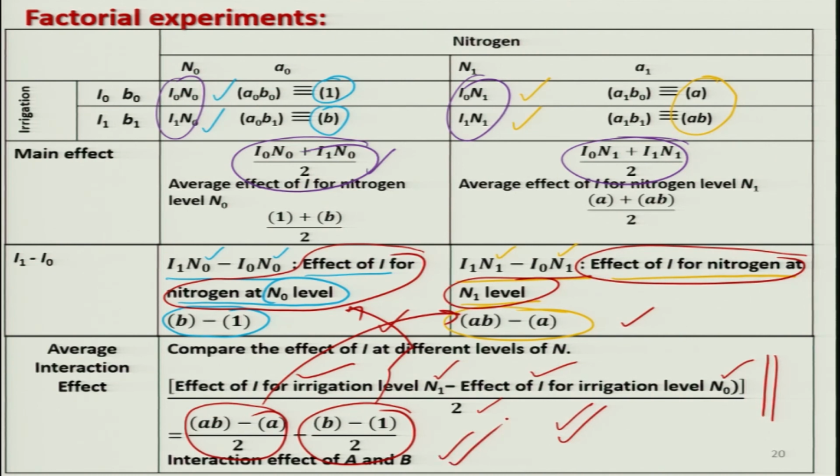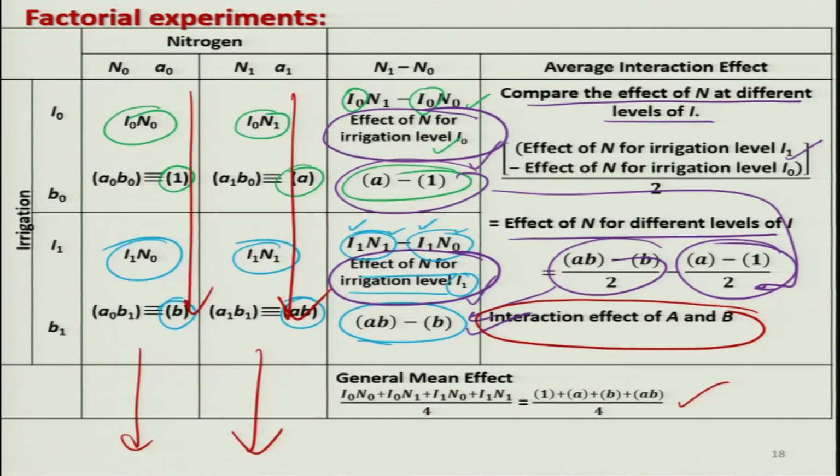And now, if you try to see, this interaction effect which you have obtained here and the same interaction effect that you obtained earlier, you can see they are the same, right, because the interaction effect of AB is the same as the interaction effect of BA.